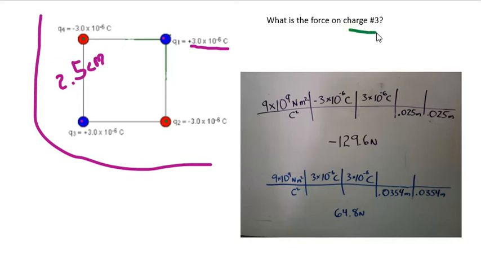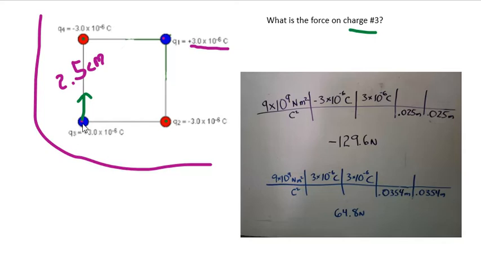That's what the question asked for, and this is 2.5 centimeters. So I know there's a force of attraction between these two, which means Q3 is going to be attracted to Q4, which means it's going to get pulled up. Even though when I multiply these two numbers together I get a negative, negative doesn't mean down. It means there's attraction.